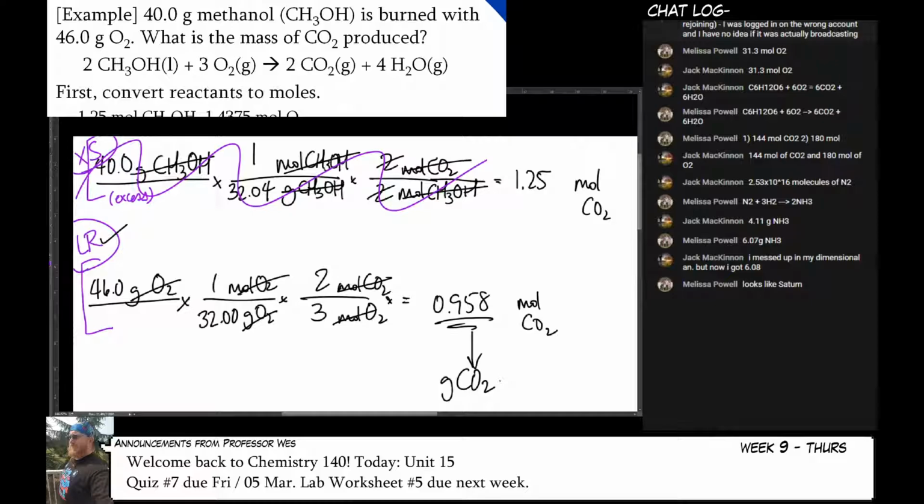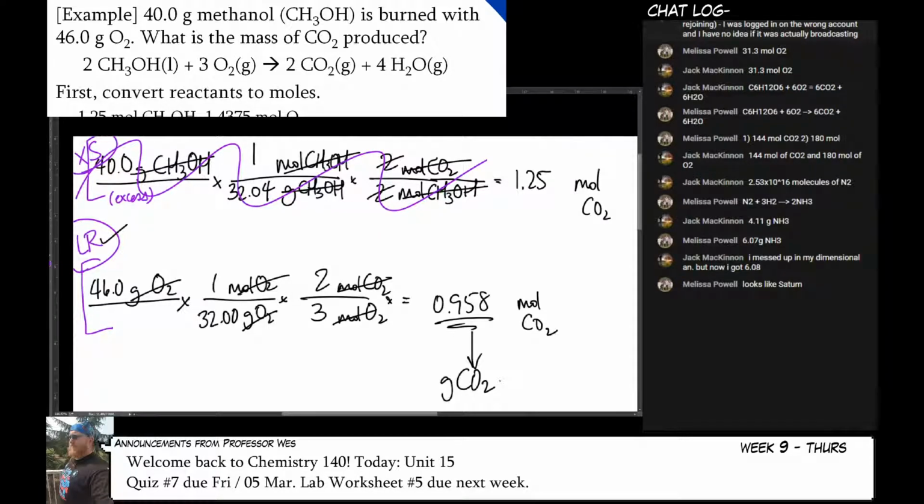So when you do these problems, you have several ways to do them. The first way that I showed you was to just solve the problem all the way through, and then pick the number that's smaller. That's the limiting reactant.